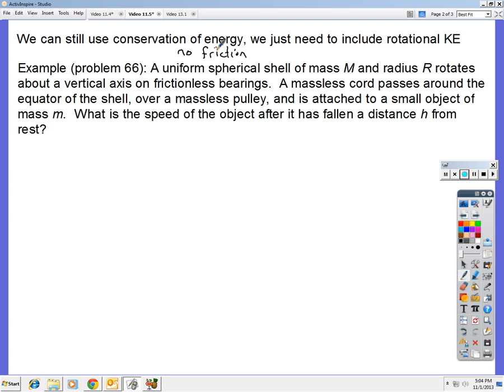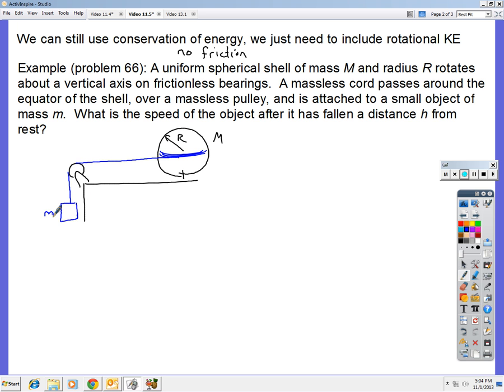So let's consider this problem. You've got a spherical shell of radius r and mass m, and around that is wrapped a string, which then runs over a pulley and goes to a weight of mass m.